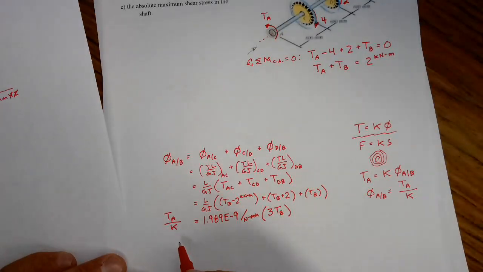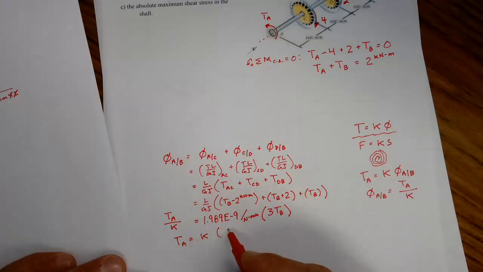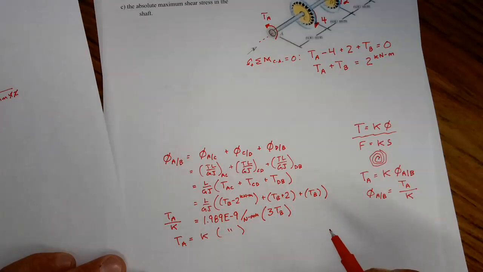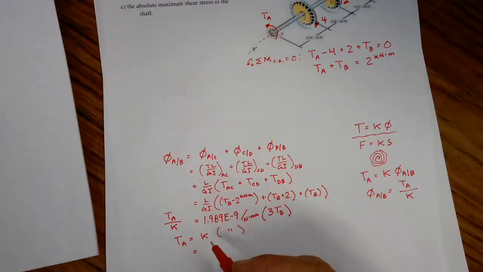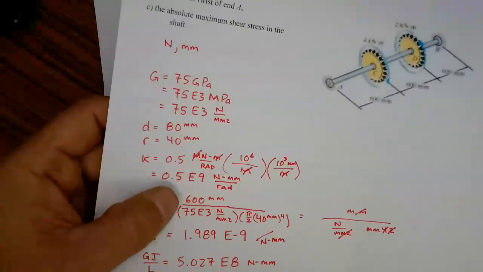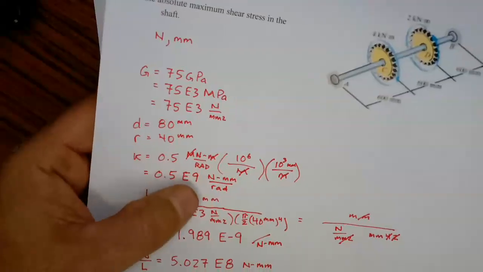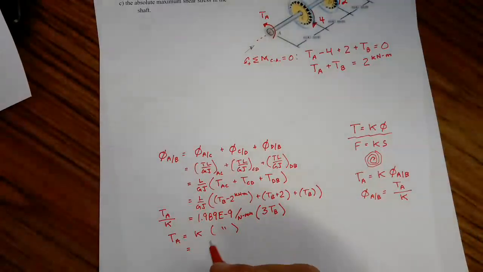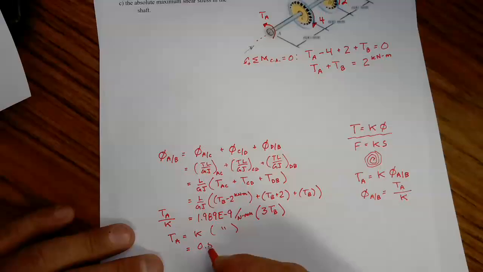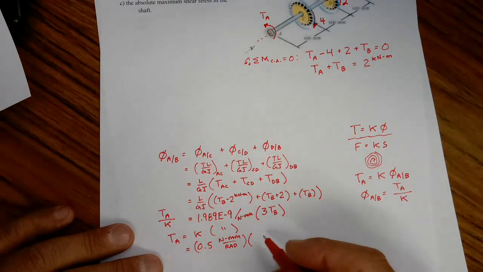So I'm going to say TA equals K times all that equals, going back to K, right, 0.5 E9 Newton millimeters per radian.